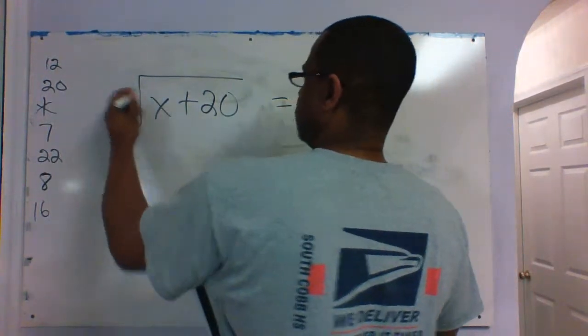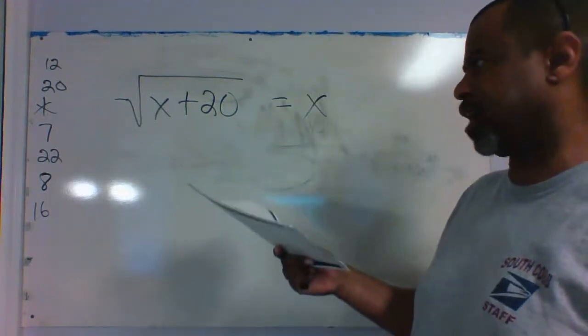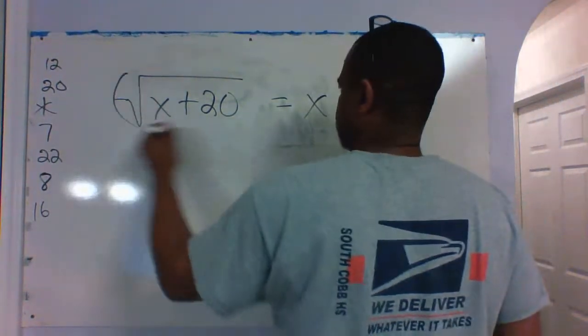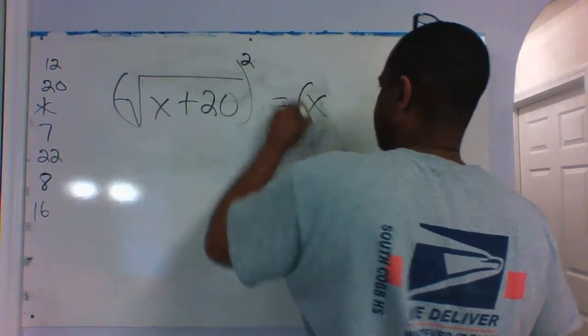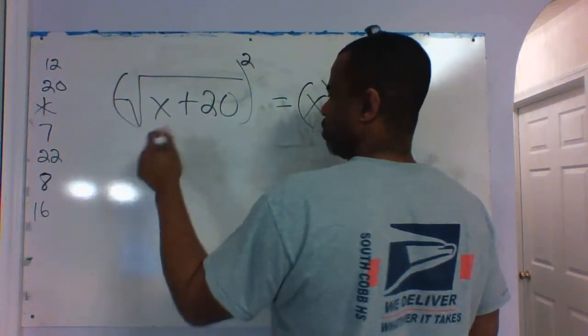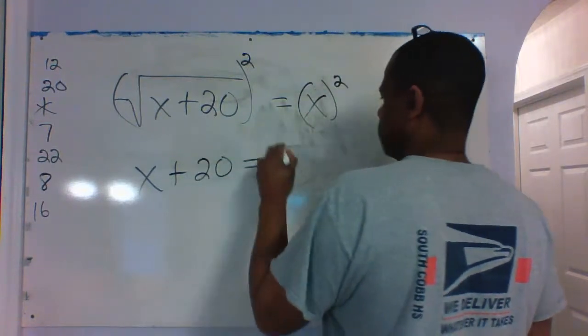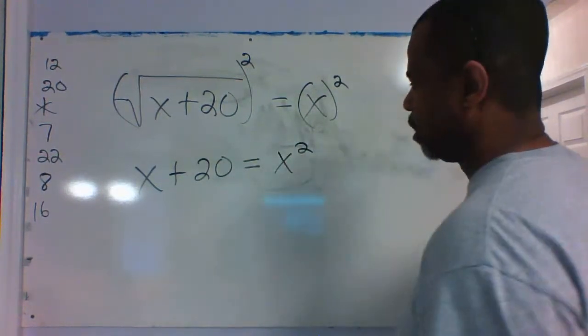So what we have to do here, we got to get rid of the radical. So we know that this is to the second power, right? So we'll raise both sides to the second power. That's going to get rid of this radical. So we have x plus 20 is equal to x squared.